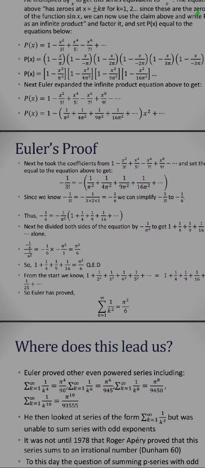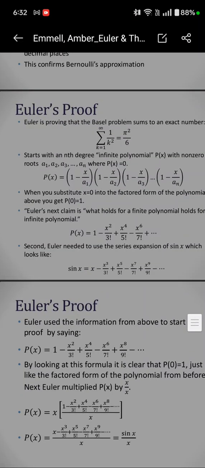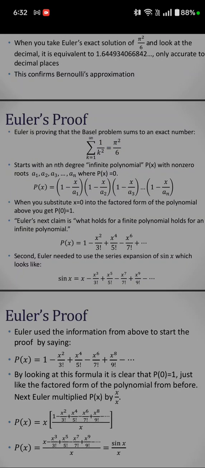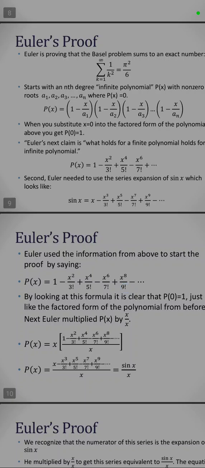The point to note about this is that this is an original proof by Euler, and this is also a very fantastic proof on how different series could help you understand very different concepts. For example, nobody could think that we would be getting this answer in the sine x series, isn't it?